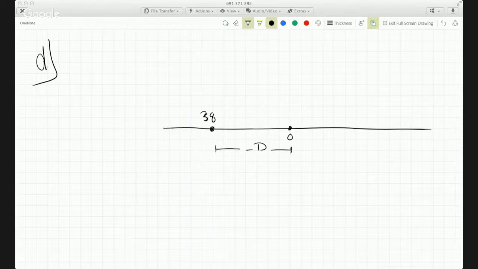And we had another charge of minus q at d. And so this here is also d. And we need to write the expression for the volume charge density for this system of charges.